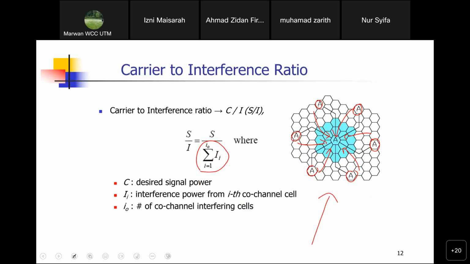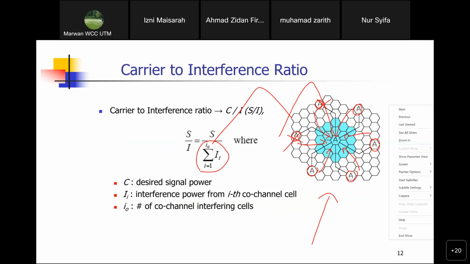So depending on the topology, if it is a plain one, you have 6 around you, then you need to use 6. But for the previous example, this side is actually a mountain, so there are no cells over here, and there are only 4 around you. So the number of interferers depends on the topology.